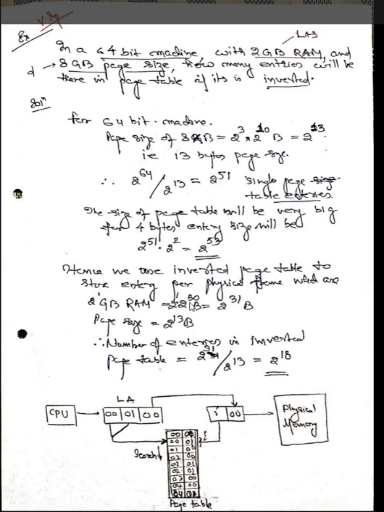That means if we use the RAM of 2 to the power of 31, that is the number of physical frames. What is being asked is the number of entries, and in this case it comes to 2 to the power of 18.